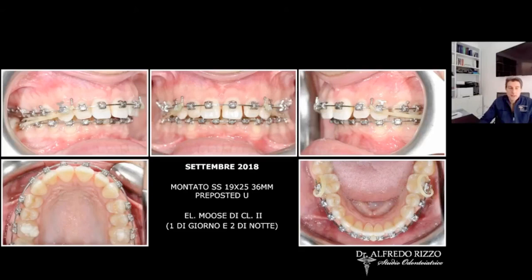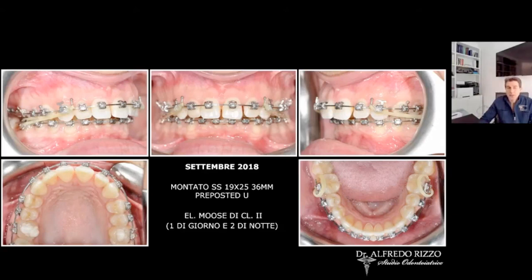September 2018. We have mounted stainless steel 19/25 arch wire in the maxilla. Now we work on the bite because the vertical problems have been almost completely solved.